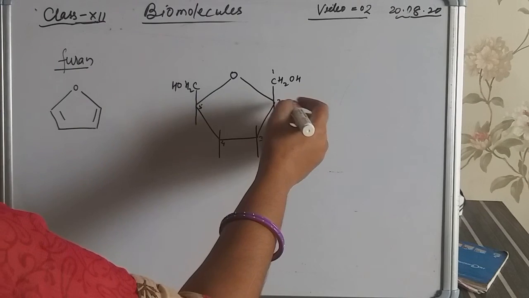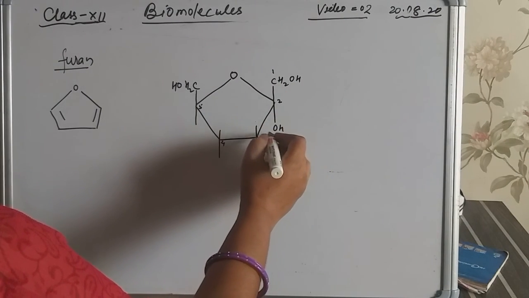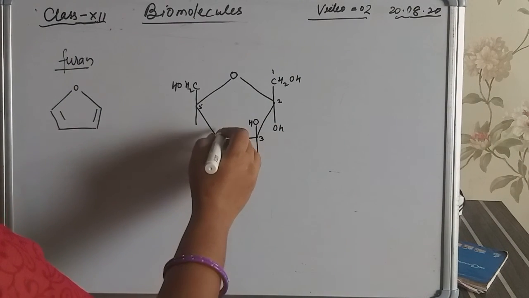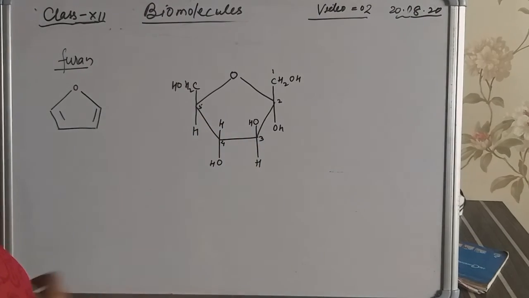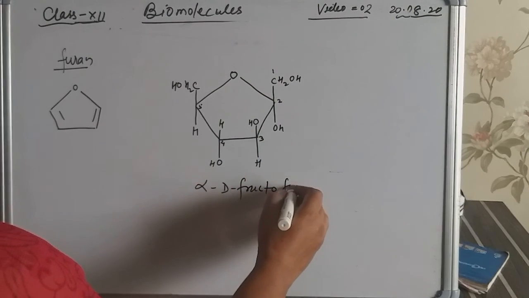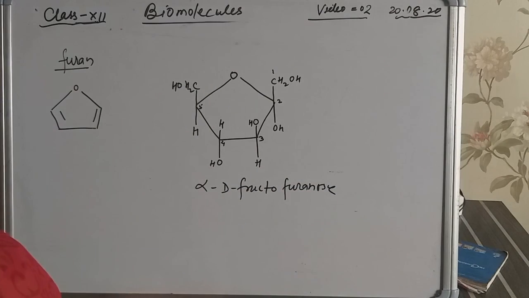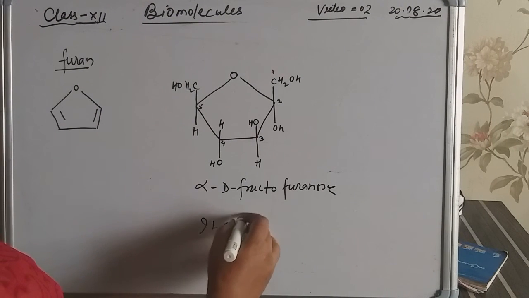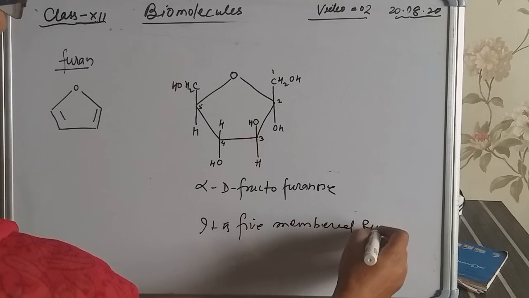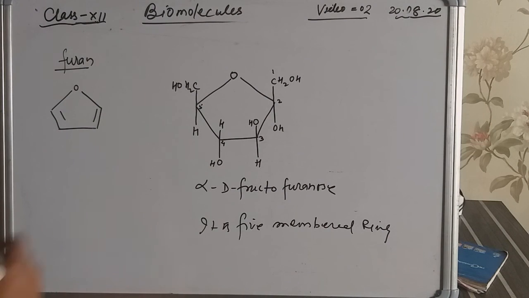So write down up left: CH2OH and OH, H, OH, H and H. So it is the alpha D fructofuranose, because it resembles furan, so it is known as a furanose, and it is a 5-membered ring. So this is the Haworth position of alpha D fructofuranose. By this you can draw the beta D fructofuranose also.